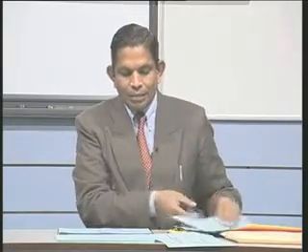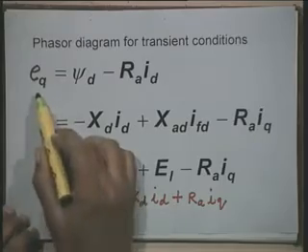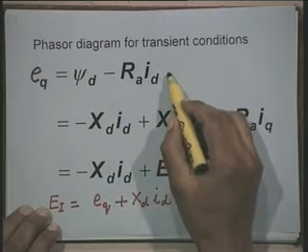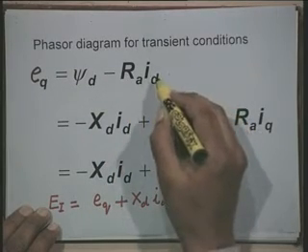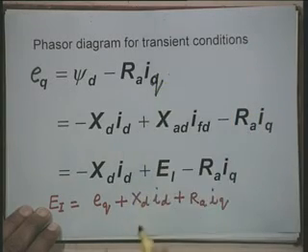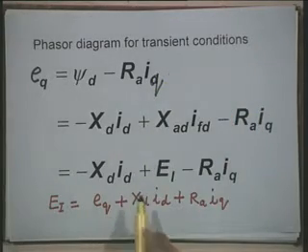Now, let us take this term EQ equal to psi d minus RA IQ.